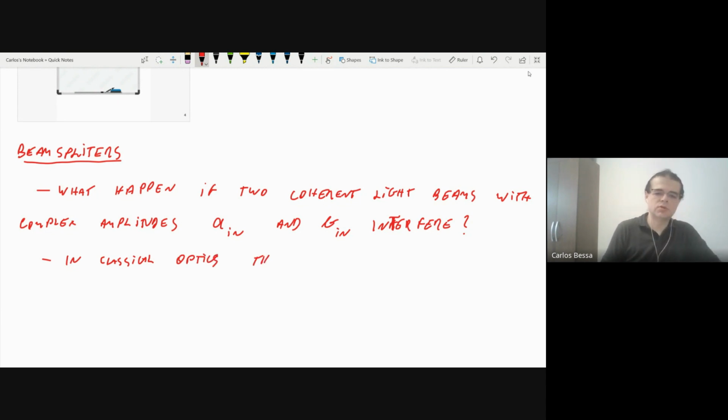The amplitudes are simply superimposed according to the linear transformation.